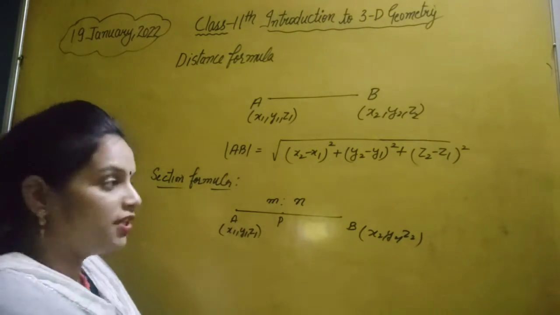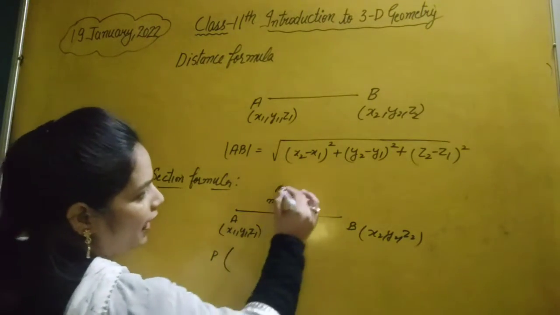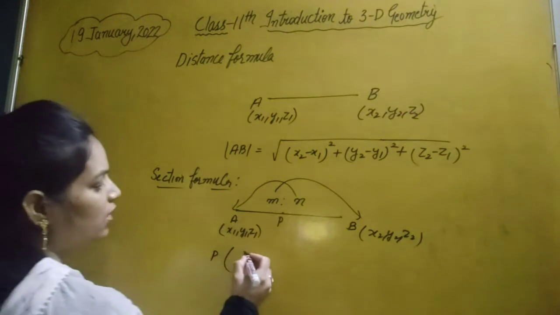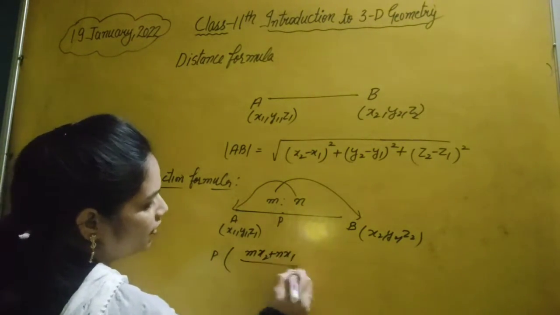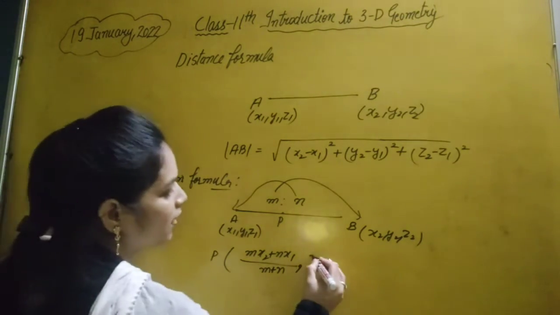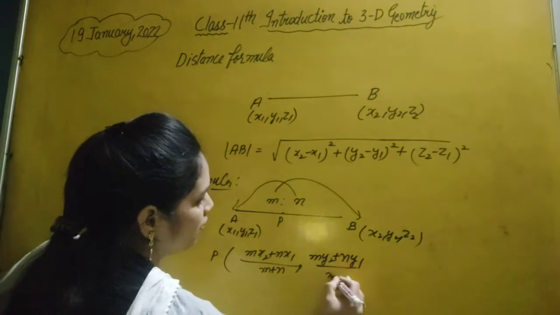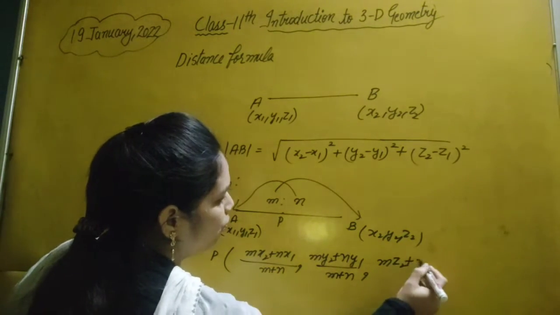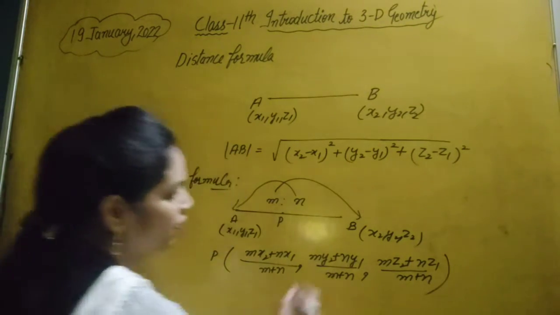Then the coordinates of P will be (m into x2 plus n into x1) divided by the sum of the ratio, m plus n. Similarly its y coordinate will be (m into y2 plus n into y1) divided by the sum of the ratio, and its z coordinate will be (m into z2 plus n into z1) divided by the sum of the ratio.